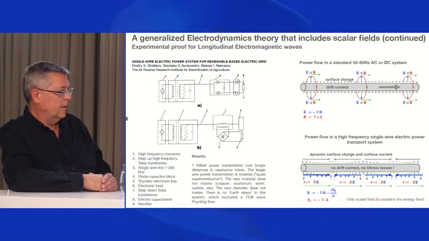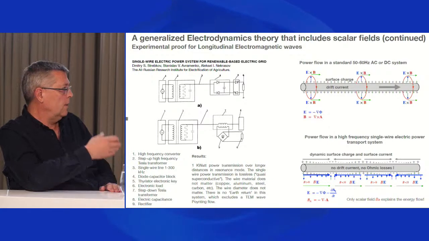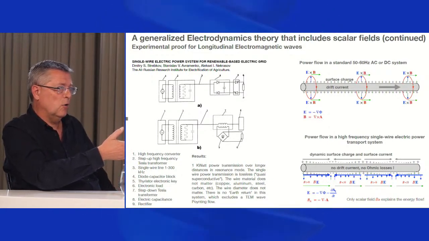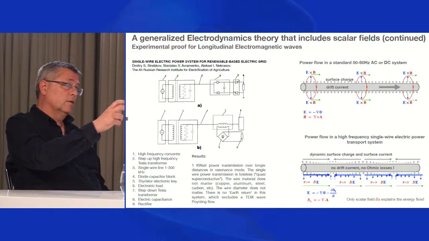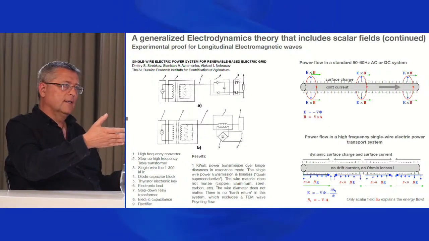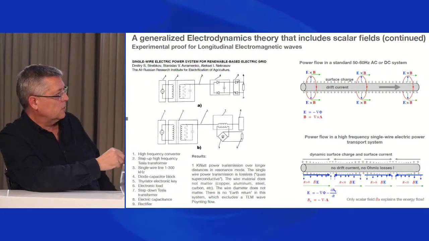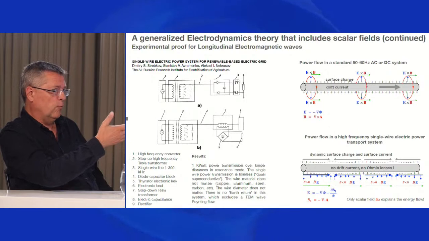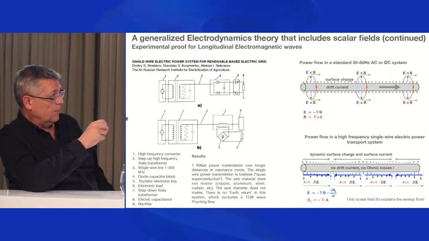So that's a way to explain the power flow over one wire. And then you have also an explanation why it's lossless. There's no losses, no lost energy, because there is no drift current, so there is no generation of heat, and it's only based on surface charges. So that is some experimental evidence for this type of wave, actually. And here we talk about the luminal wave.